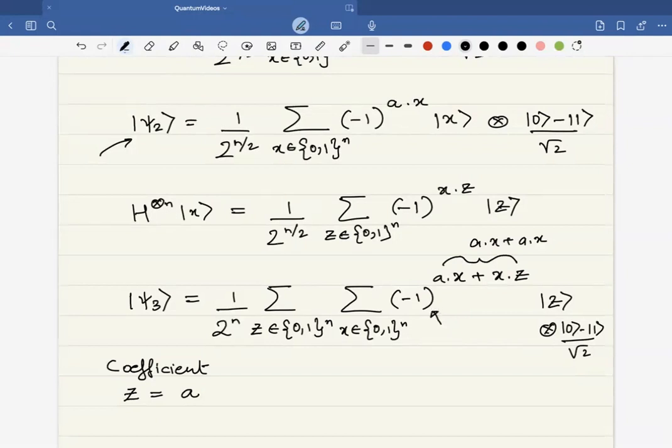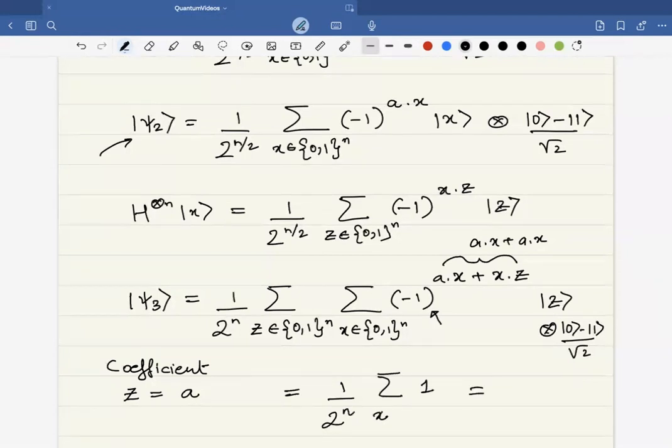So the coefficient will be equal to 1 over 2 to the power n, summation over x of 1, because when z is equal to a, the inner sum will all have minus ones raised to an even power, and there are 2 to the power n of them.